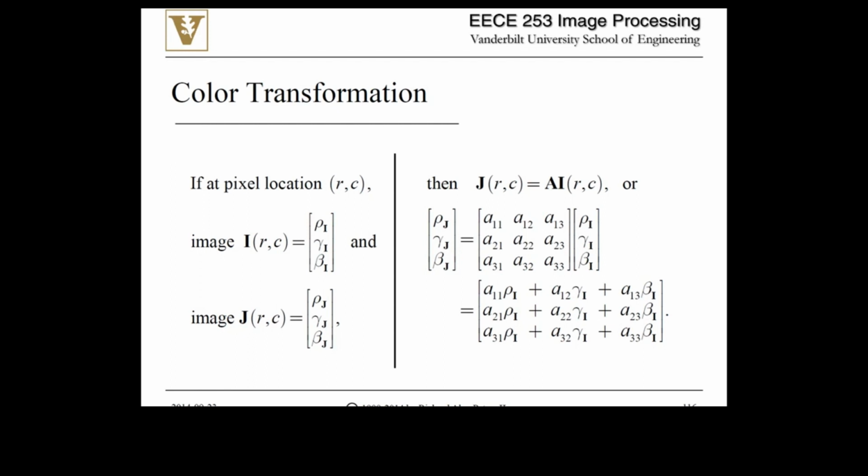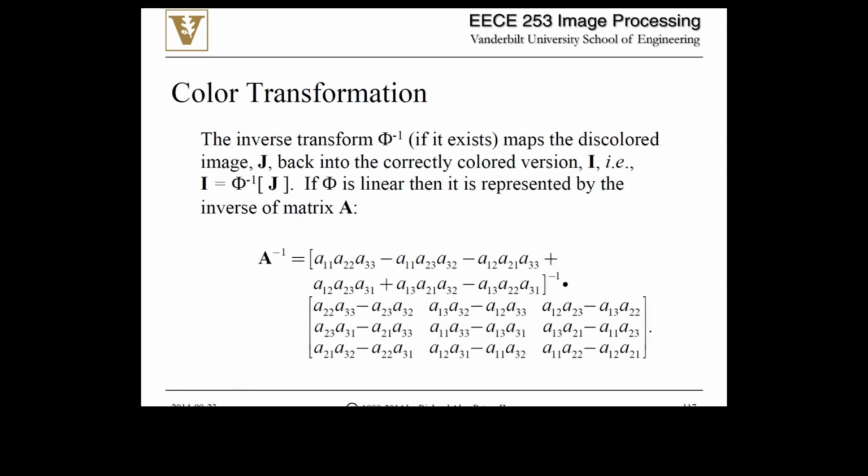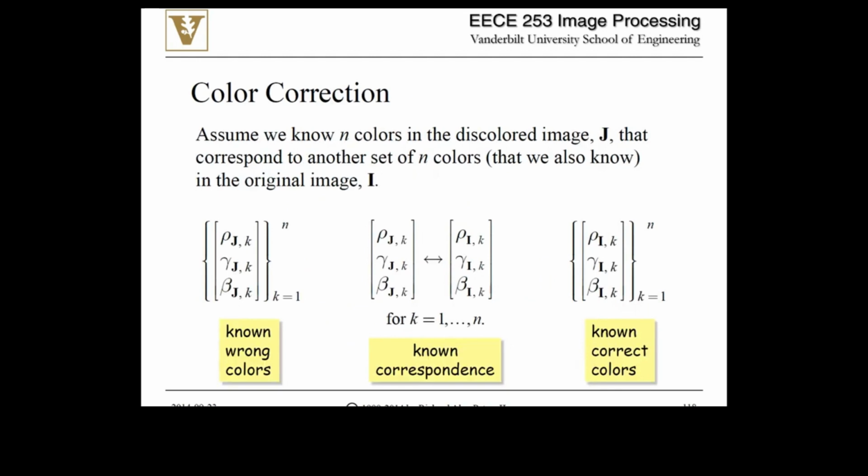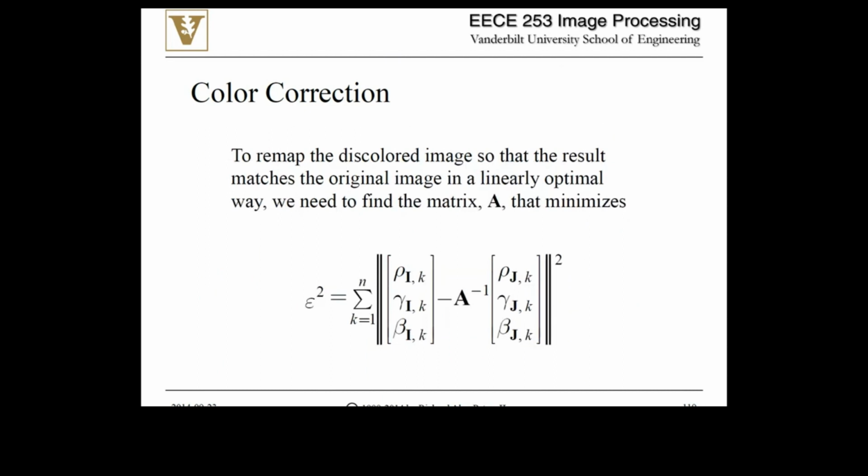I have the pairs of this color should transform into this color, and then my unknowns are the matrix. And then this is A minus 1, but we will not use it. And then you have the pairs of colors that correspond to each other.